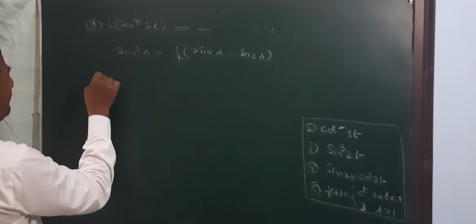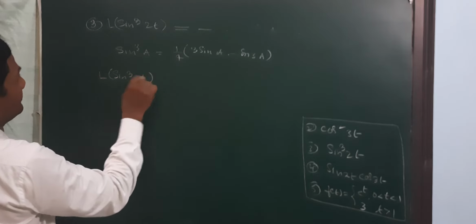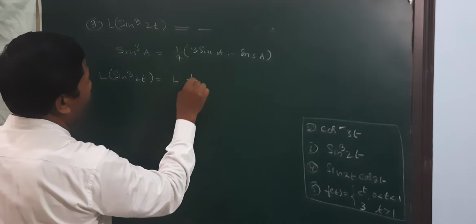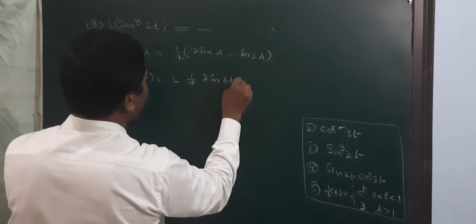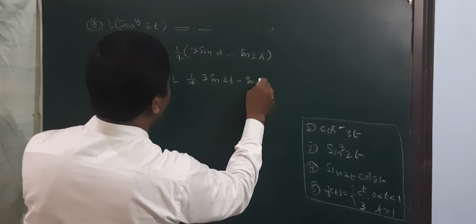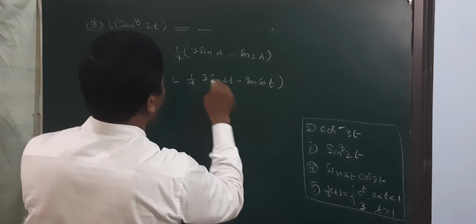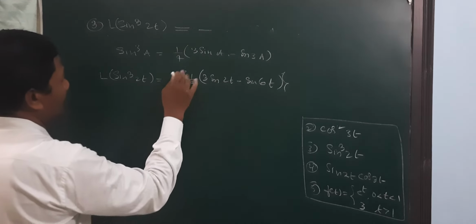So L of sin cube 2t is equal to 1 by 4 into L of 3 sin 2t minus sin 6t.